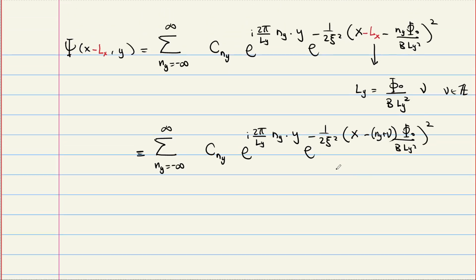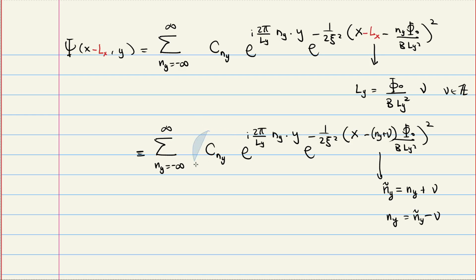Good. But now I want to define a new summation variable. ν tilde is equal to ν plus nu, or ν is equal to ν tilde minus nu. Wherever I see ν, I need to write ν tilde minus nu.